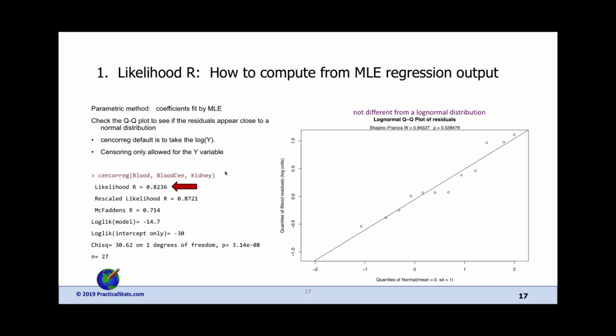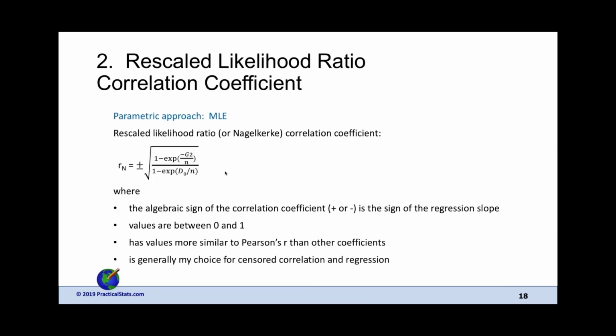So there's been a modification to it. I'll come back to that other slide. This is called the rescaled likelihood ratio correlation coefficient, or by the name Nagelkerke, the person that developed it. And it's just taking that same likelihood ratio correlation coefficient and dividing it by its maximum. And so that will be limited to be between plus and minus 1.